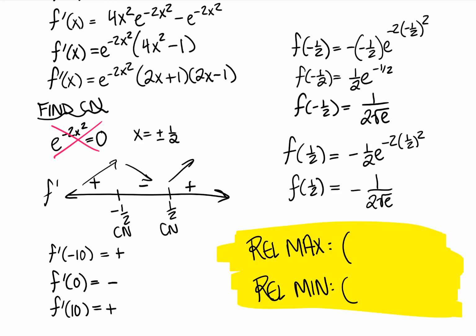Our relative max is at negative 1/2, positive 1 over 2 root e. Our relative min is positive 1/2, negative 1 over 2 root e.